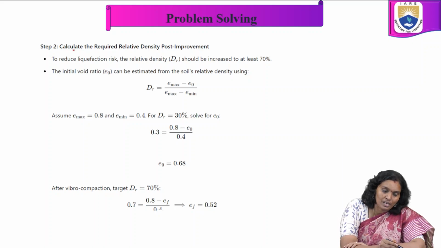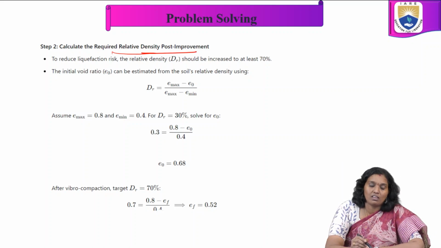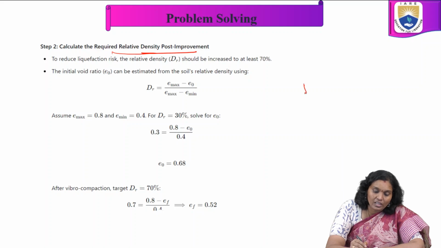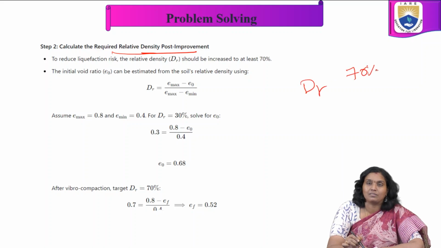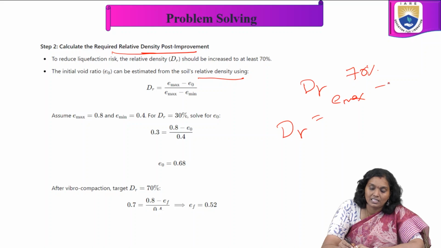Now move on to step 2, that is, calculate the required relative density post improvement. To reduce the liquefaction risk, the relative density should be increased to at least 70%. And the initial void ratio can be estimated from the soil's relative density using this formula: relative density is equal to E max minus E naught divided by E max minus E minimum.